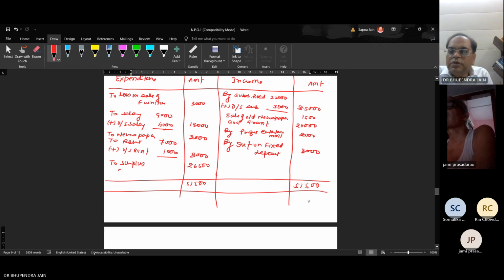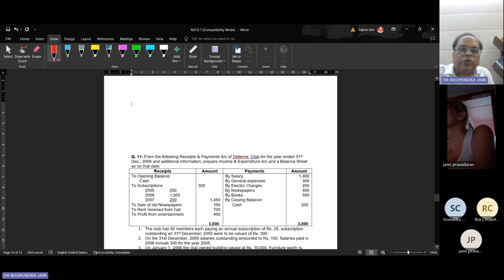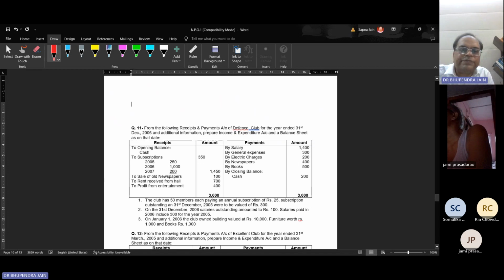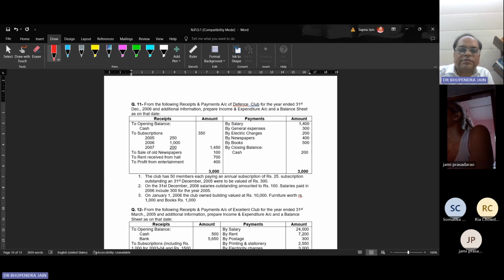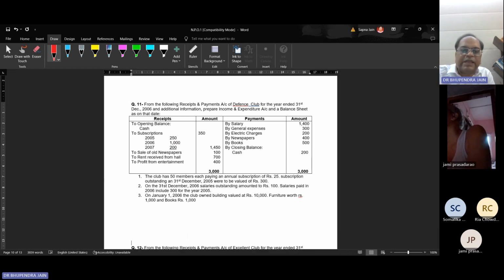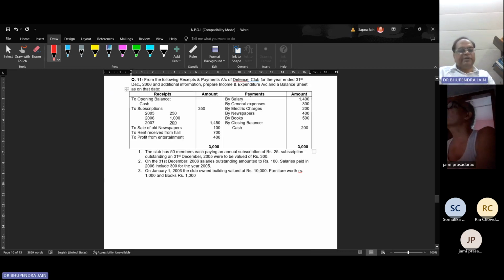Now, the last question related to income and expenditure account. After this question, in next class we will prepare income and expenditure account as well as the balance sheet. Now beta question number 11.